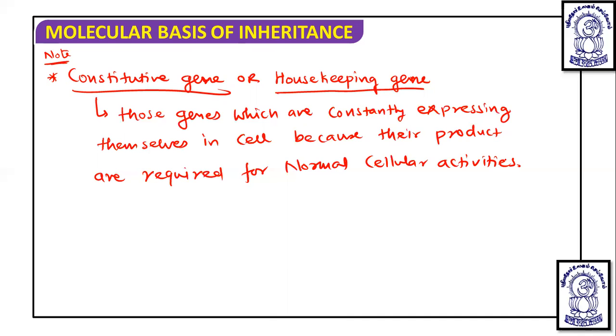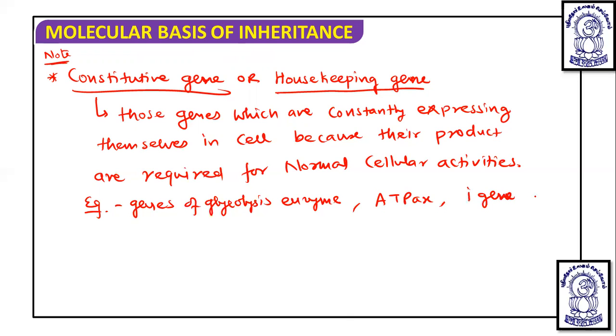For example, genes of glycolysis enzymes are constantly expressing, genes of ATPase, and the I gene of the lac operon, which is constantly expressed.